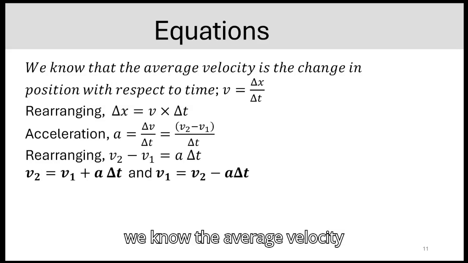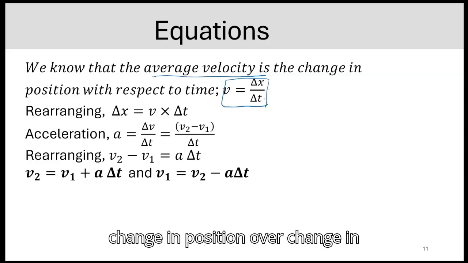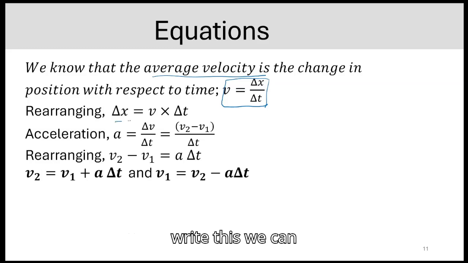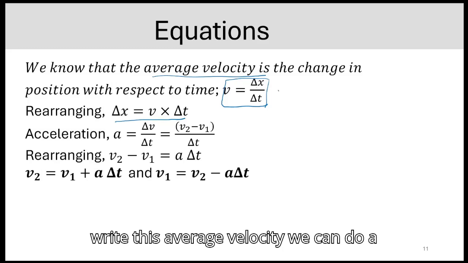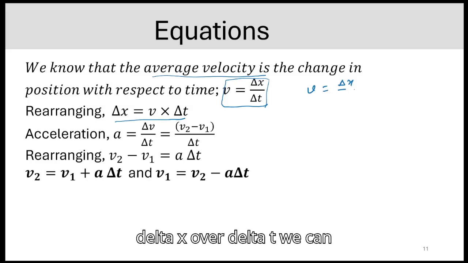We know the average velocity is the change in position over change in time. And if we rearrange it, we can write this average velocity v equals delta x over delta t.